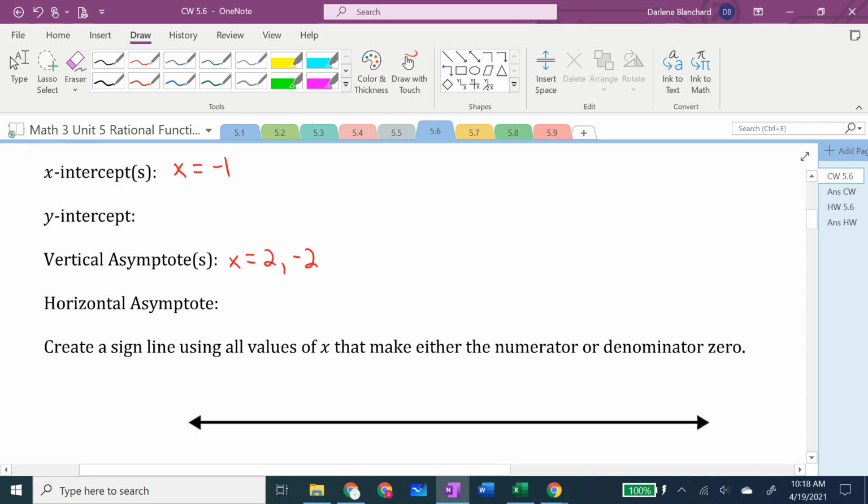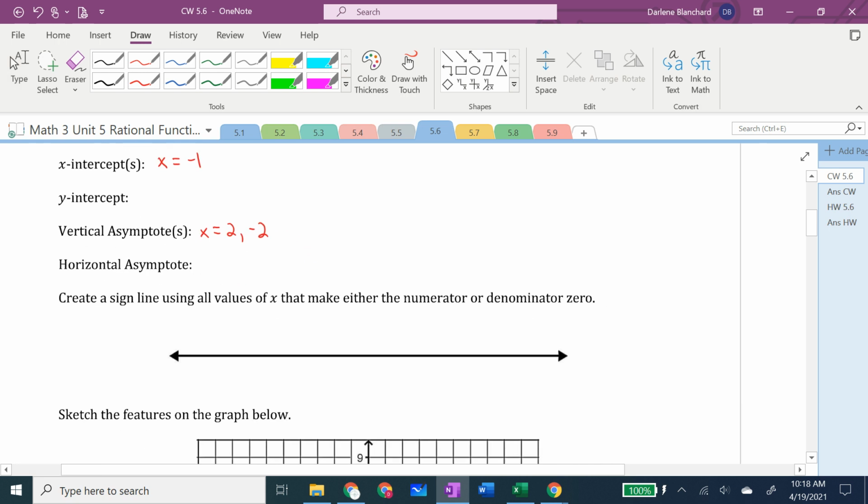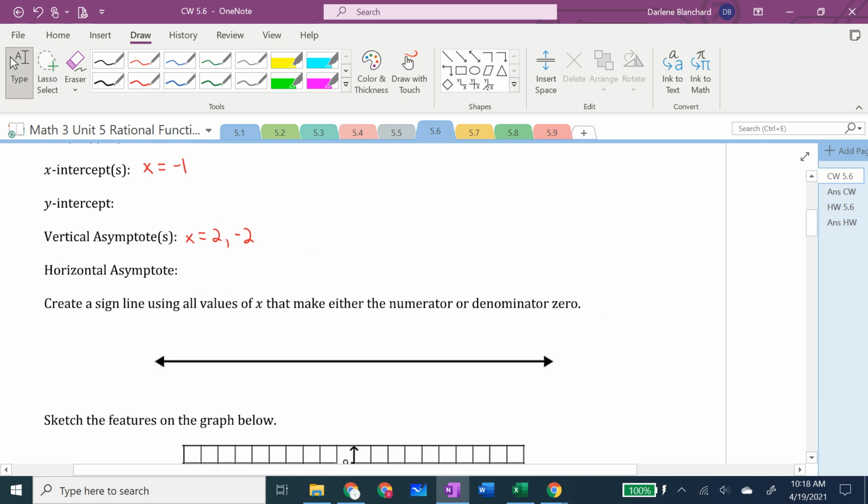These three x values, you're going to mark down as if this were a number line. Normally on a number line, you're going to write, here's 0, here's +1, -1, +2, -2. Don't worry about that. This is a number line just as if it were the x-axis, but you just need to put down 3 numbers in the proper order.